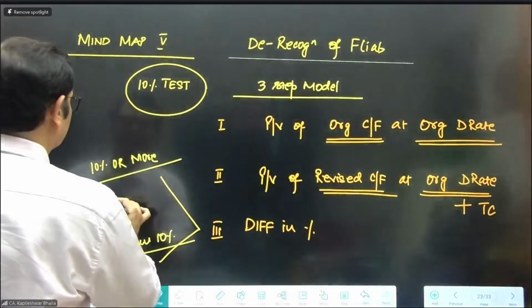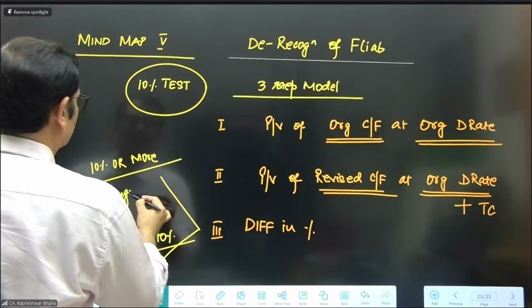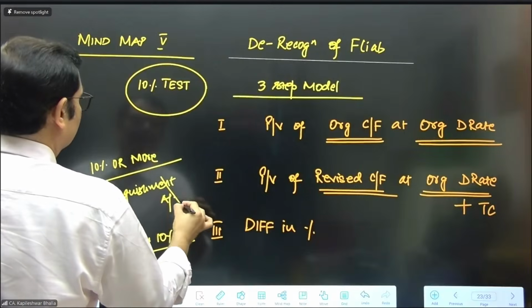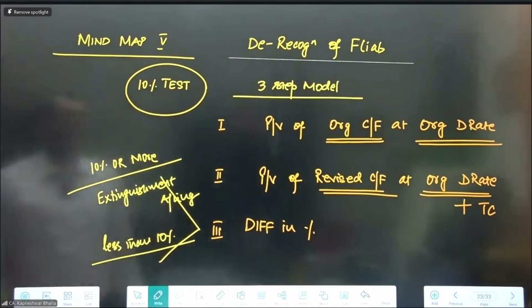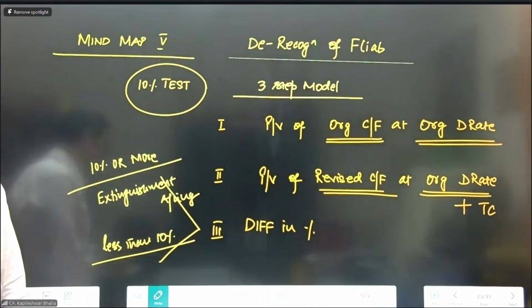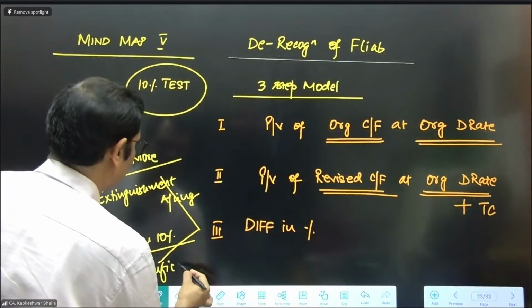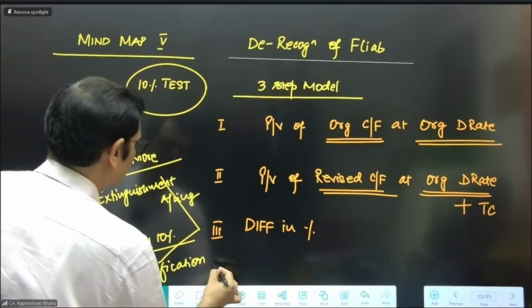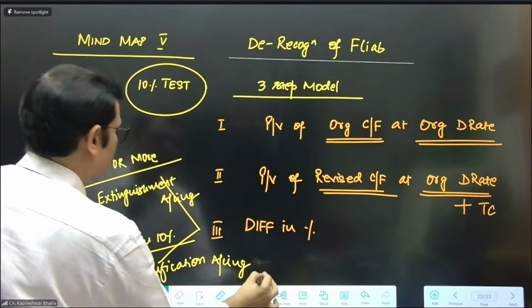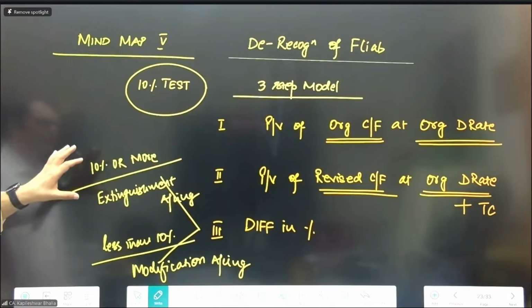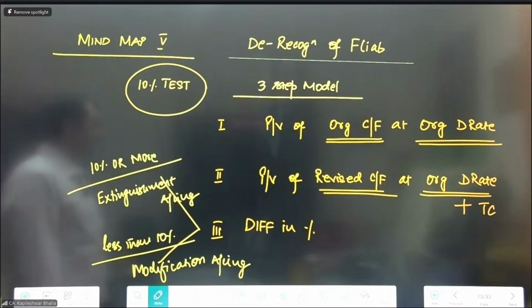So here we apply the concept of extinguishment accounting, wherein you derecognize the financial liability and recognize the new financial liability. And here the concept of modification accounting applies. So this we have dealt with again in quite a detail in the questions, but I thought at least we'll make some quick mind maps on that. So once you conduct a 10% test, you get the results of which kind of accounting would trigger.